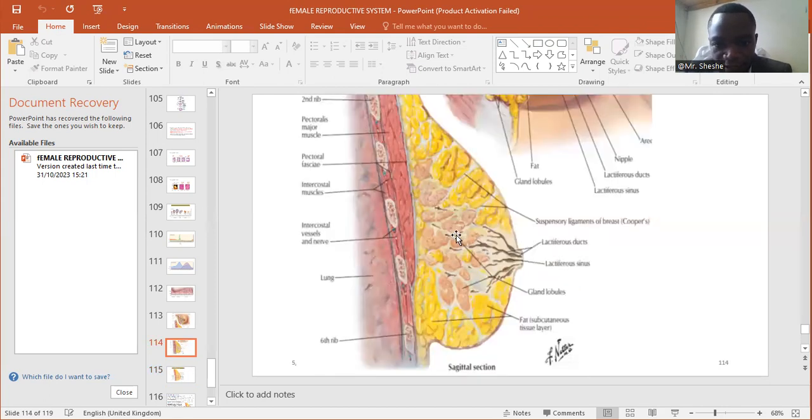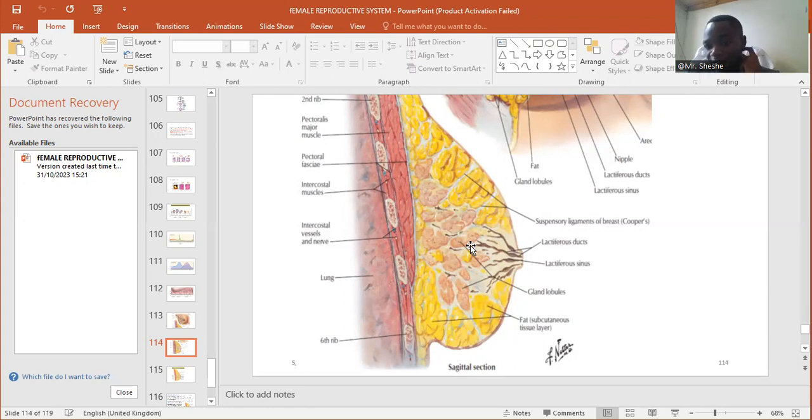What we are seeing here, those brownish elements, is the actual breast where the milk product will come from. Then we have fat there, which is just providing the necessary nutrients and energy that these cells will need to produce the milk. So the functional part of the breast is this glandular part.